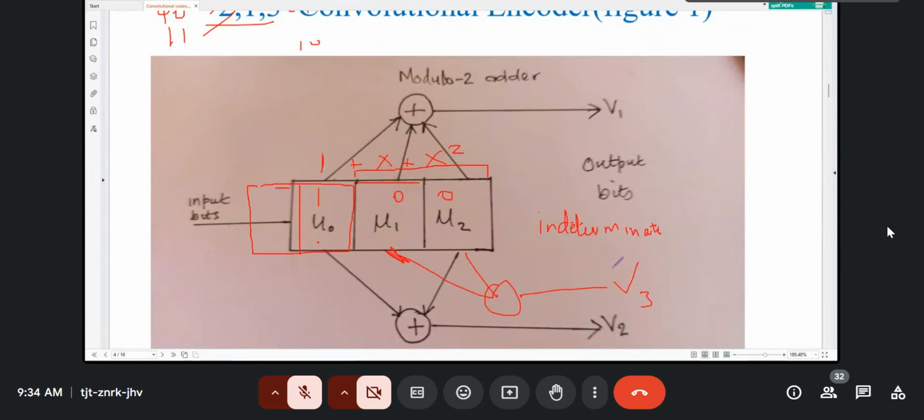So 2 by 3 would mean you are taking 2 bits at a time, but you are getting 3 output bits. 2 in and you get out 3.